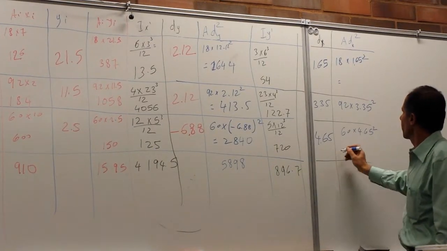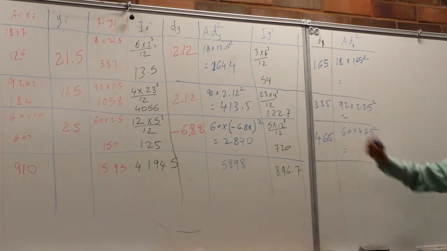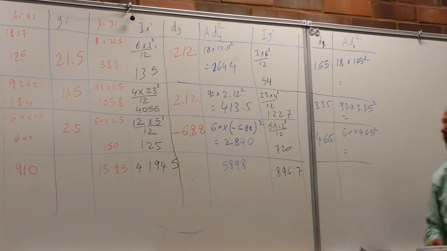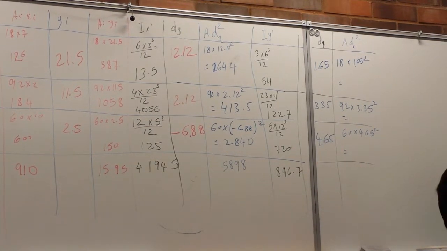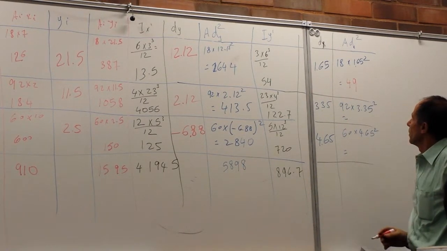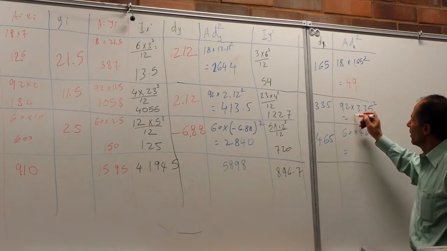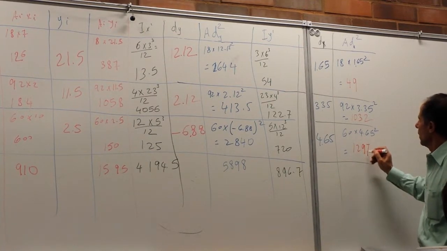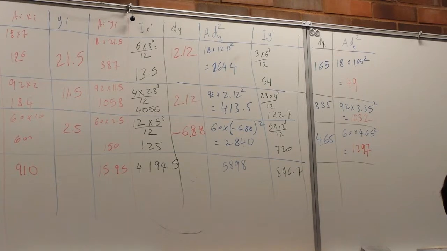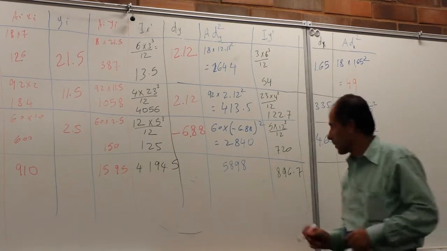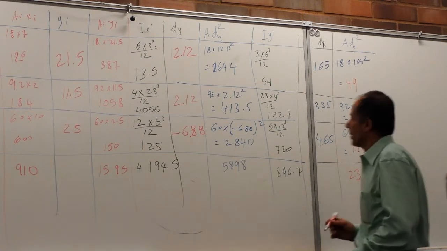Give me numbers, please. I got 49 for the first one. I got 1032 for the second one. And 1297. Add them together, please. 2378.